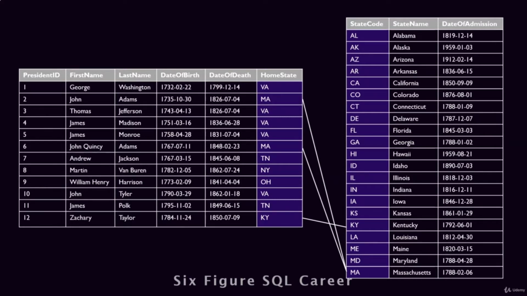If I had an incorrect value in my home state column, for example, if I put XX as a home state, well, there is no XX in my state codes. So a foreign key prevents that entry from making it into the database, whether it's adding a new record or updating an existing record. So I cannot have an invalid state code. My home state has to be one of the 50 states that appears in the state code.